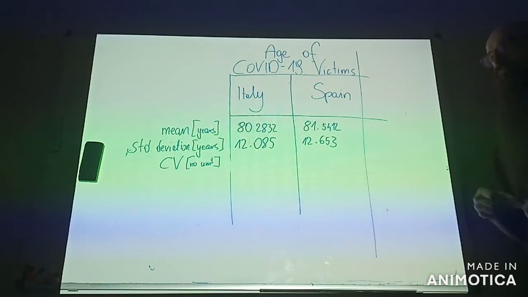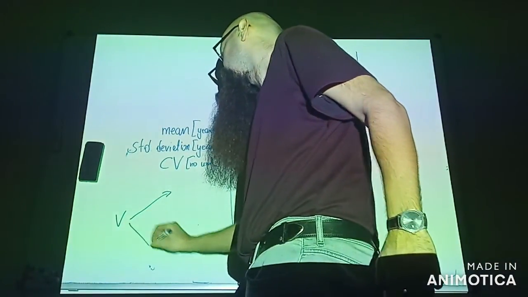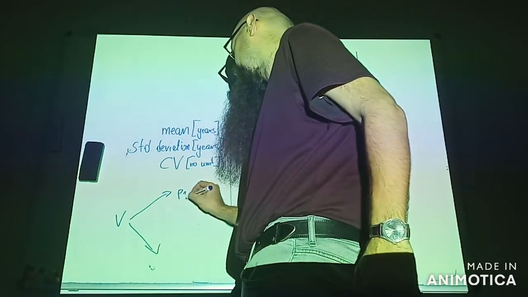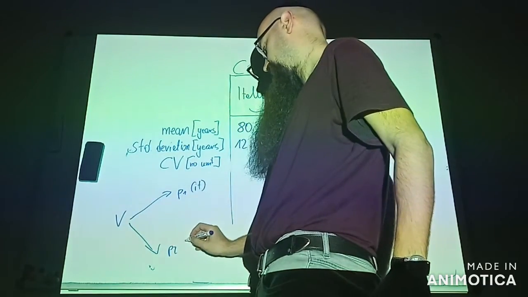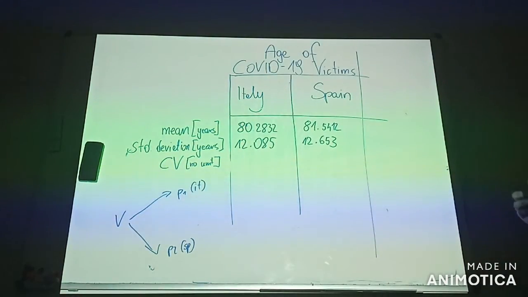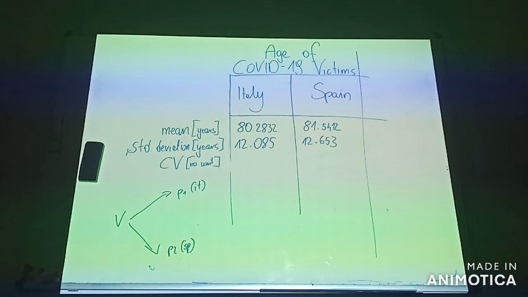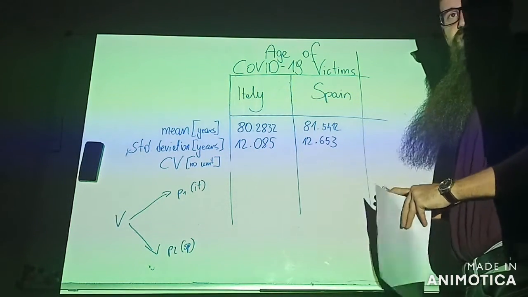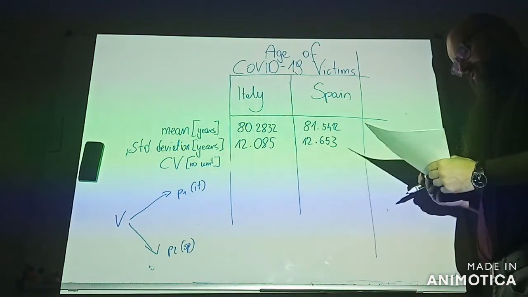And now, as you remember, we have one variable, we have two populations, Italian victims, Spanish victims, and we have to answer the question which population is more differentiated from the point of view of age. Spanish COVID-19 victims or Italian COVID-19 victims.